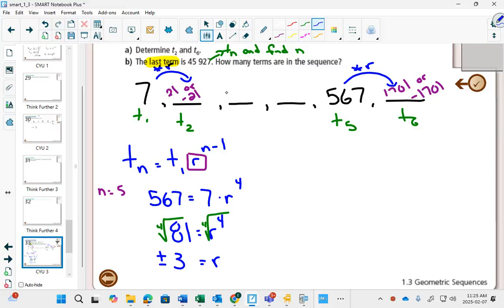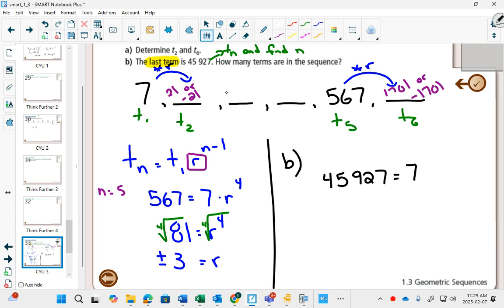So part B, if I know the last term is 45,927, I can plug that in for Tn. I know that term 1 is 7, and I have solved that R is either plus 3 or minus 3.